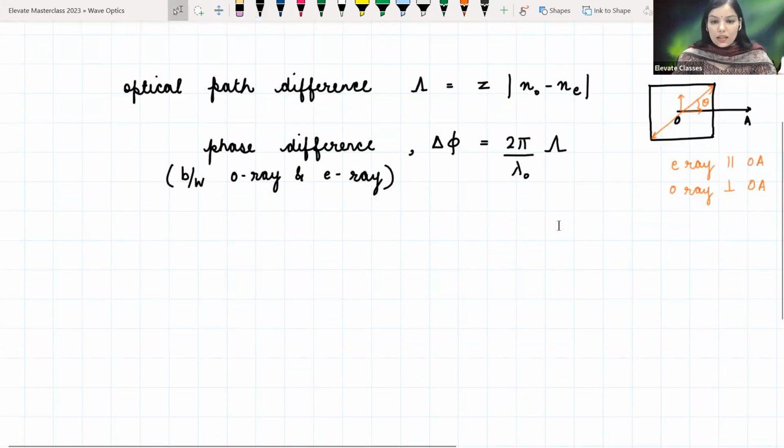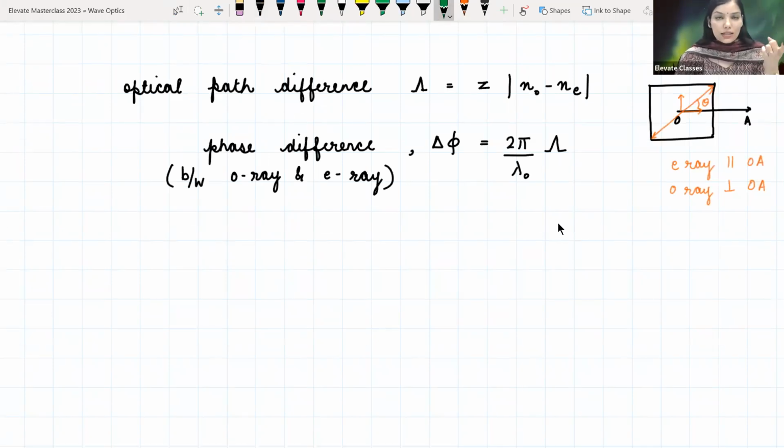So now there is one thing that should be immediately clear to me, that a half wave plate or quarter wave plate will not work for all wavelengths, because the phase difference is dependent on the lambda. Okay, so it's dependent on the wavelength.